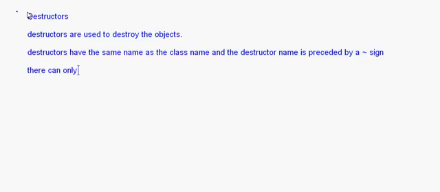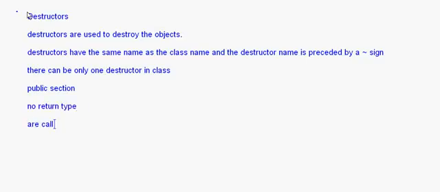There can be only one destructor in a class. So as in the case of constructor overloading, we can't do destructor overloading. Destructors can be only one in a class, and they have to be in the public section, and they don't have any return type, right?